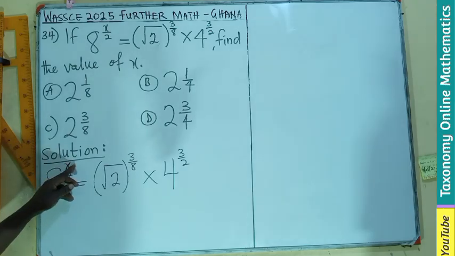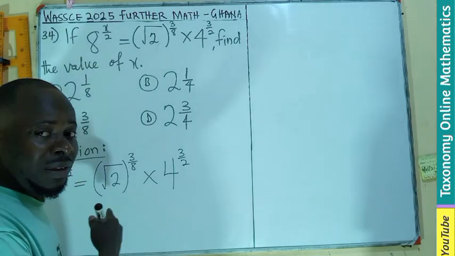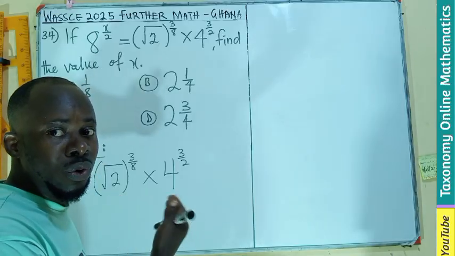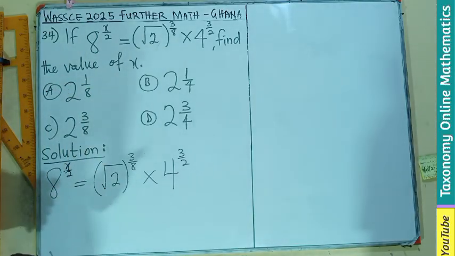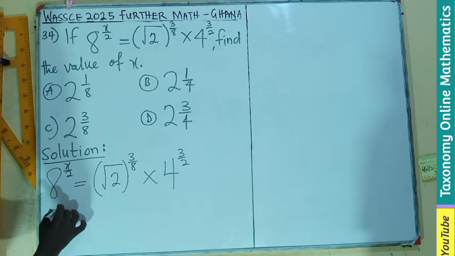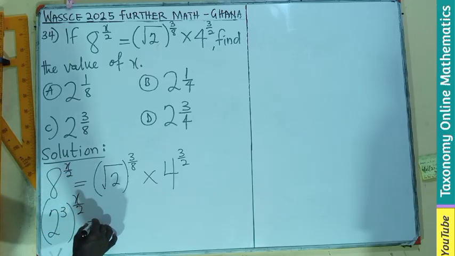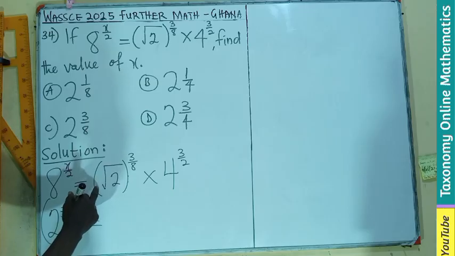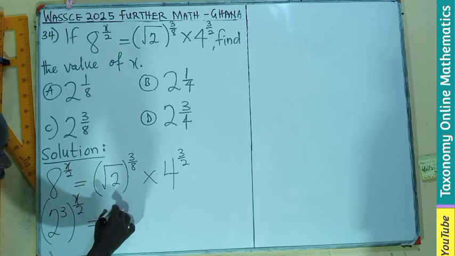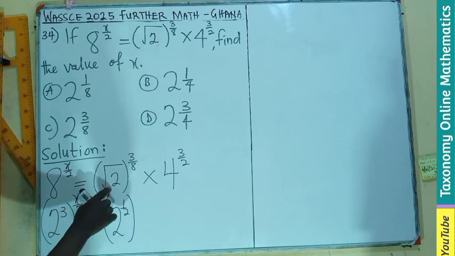We have to find the value of what? x. Now, if you look at these carefully, these numbers can all be reduced to base 2, meaning 2 times 2 times 2 gives you 8. Therefore, 2^3 gives you the value of 8, still having the exponent x/2 equal to. The 2 is already base 2, but the root can be taken as a power of half, meaning 2^(1/2) gives you the root 2.